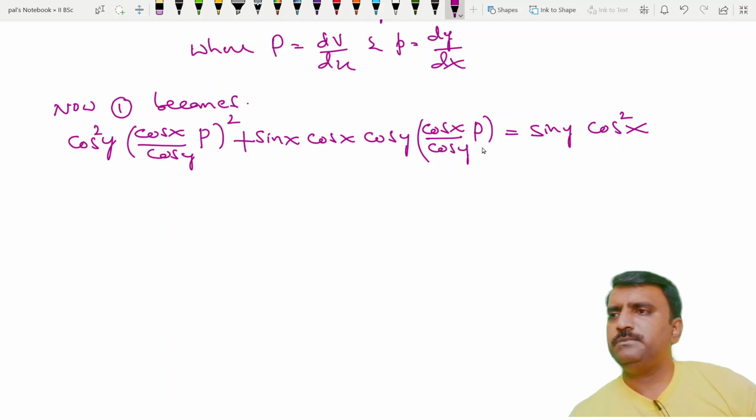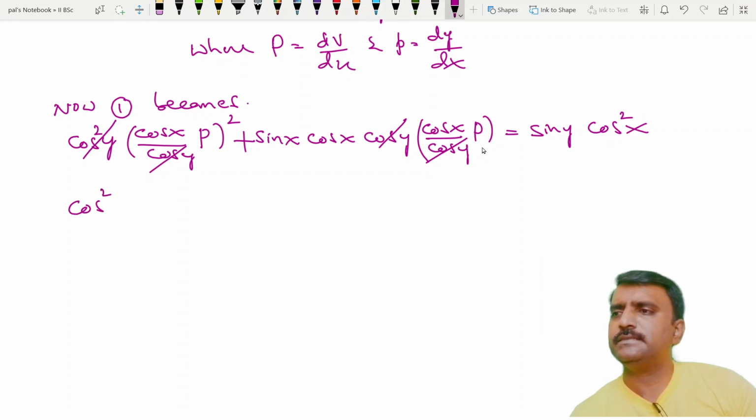Okay, now simplifying this. So here we have cos square x. You take cos square x as a common factor, and also we can cancel this cos y with cos y, and here also we can cancel this cos square y, since there is a square. So remaining here is cos square x into p square.